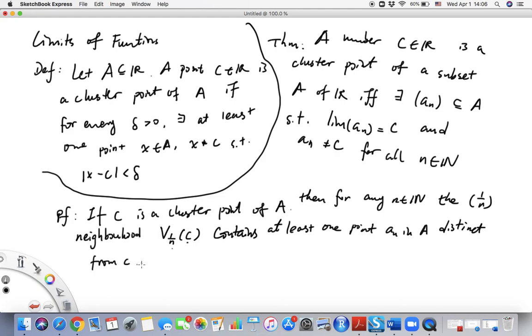Okay, so then a_n is in A and a_n is not c, and the difference between a_n and c is less than 1 over n because a_n is inside this neighborhood. So that implies, because as n goes to infinity, that goes to 0, that the limit of a_n is equal to c.